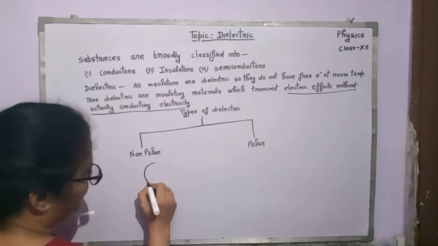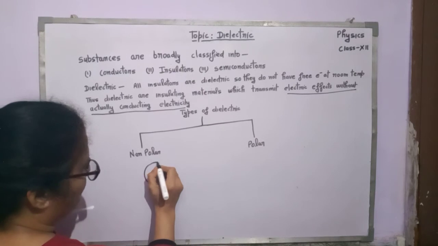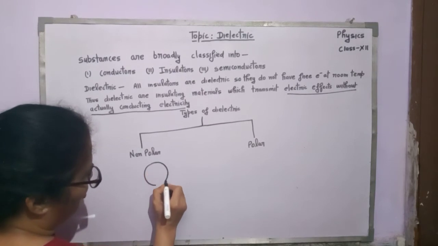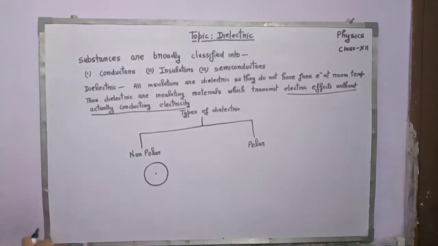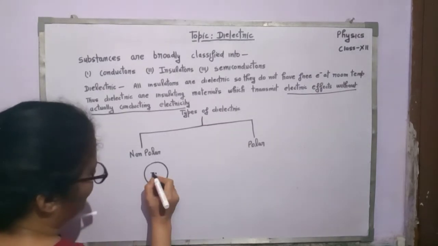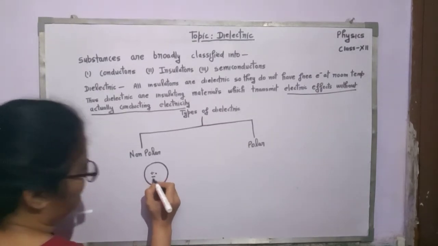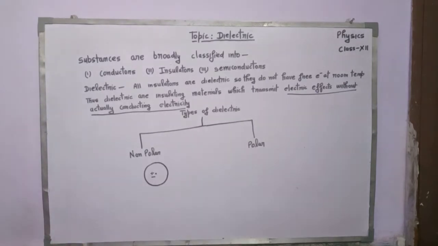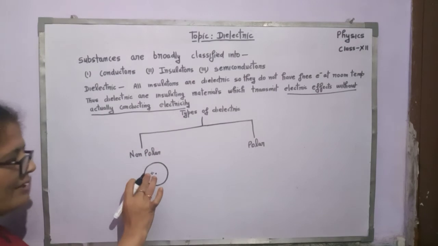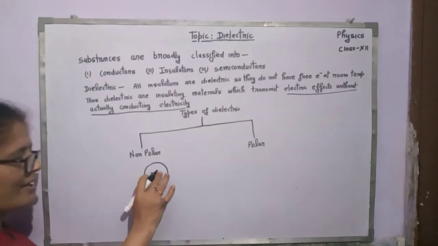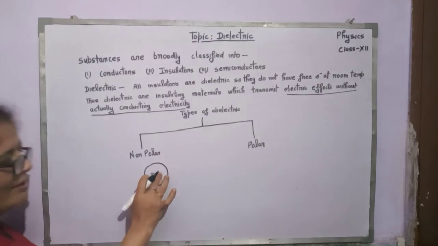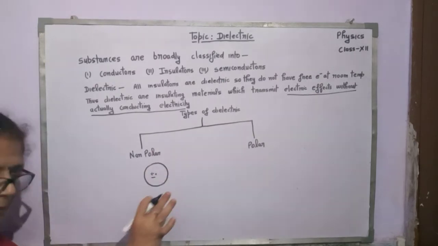In this case the shape of the atom or molecule is spherical. This is the center of the positive charge as well as the center of the negative charge. In non-polar molecules, the two centers coincide with each other. They are spherical in shape.